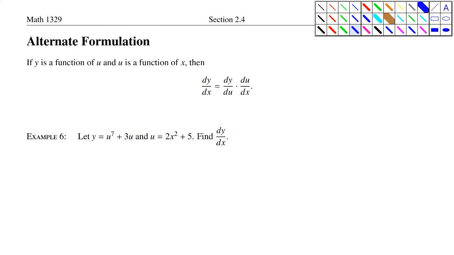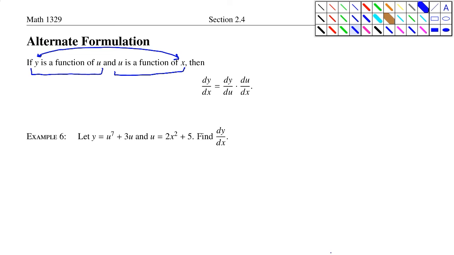There's another way of formulating the chain rule, and it uses the Leibniz fractional notation for derivatives. So let's suppose that you have this chain of functions. You have y is a function of u, and u is a function of x. And what you'd really like to know is, how does y change with respect to x, skipping the middleman, really.